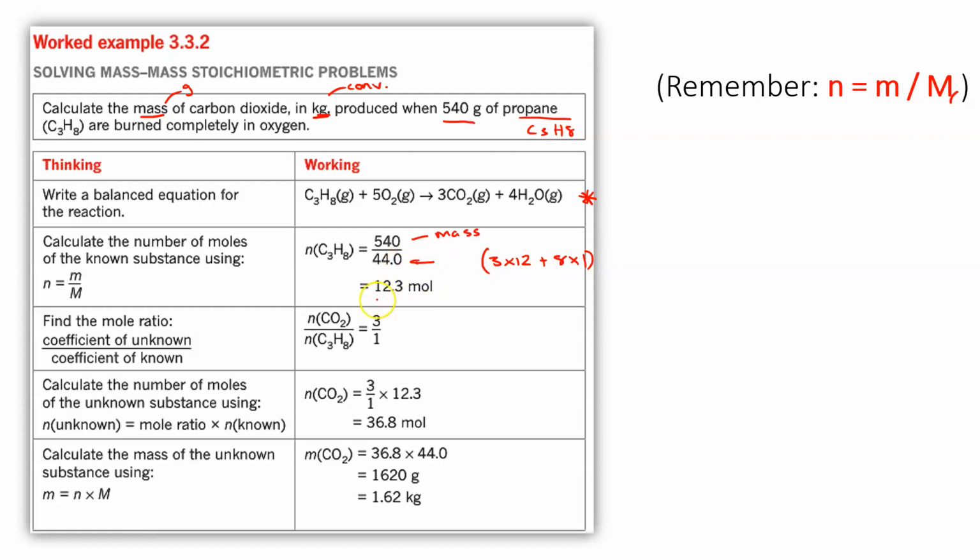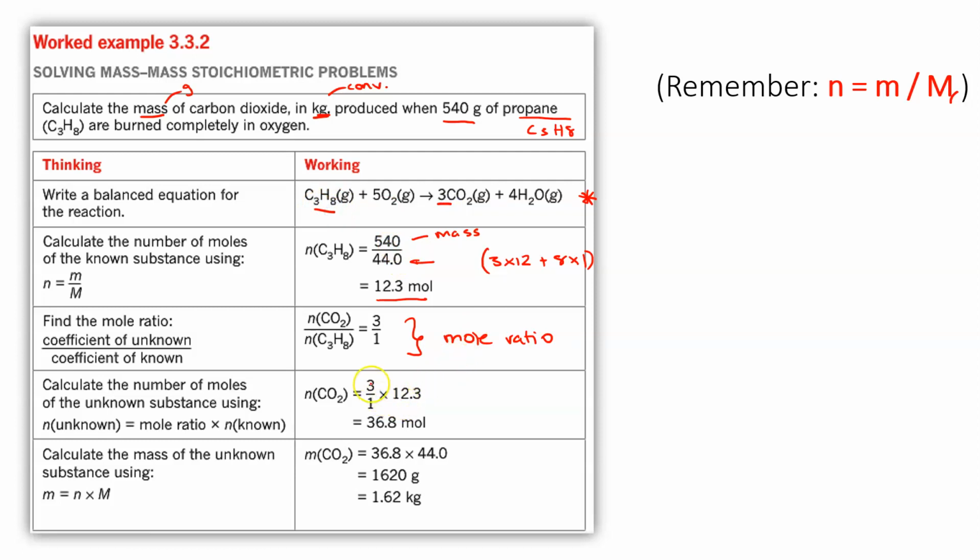That gives us 12.3 mole of propane. Our mole ratio is going to be the same as it was in the previous example because we're using the complete combustion of propane again, so that is not going to change. I will have 3 CO2 for every 1 propane that is burnt.